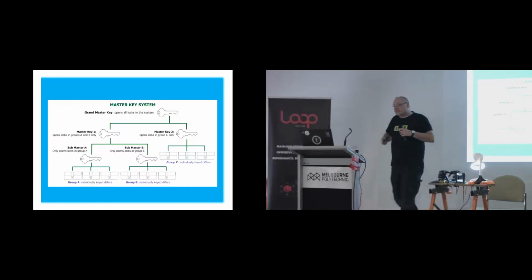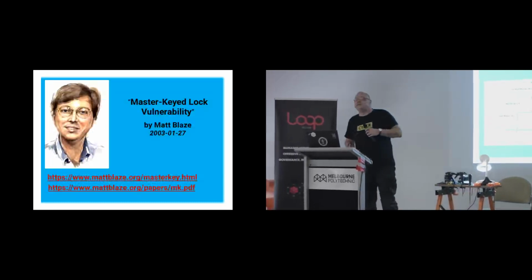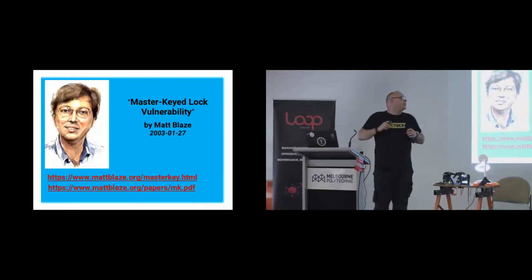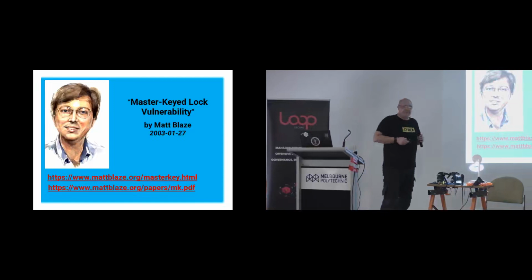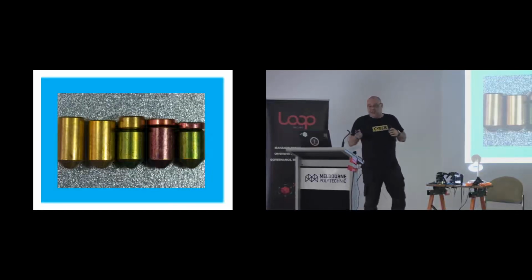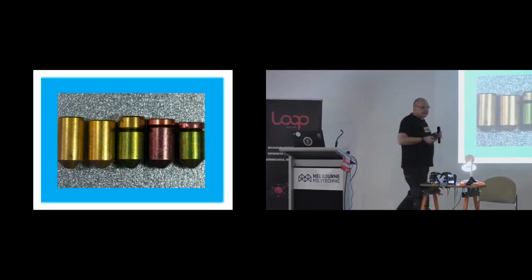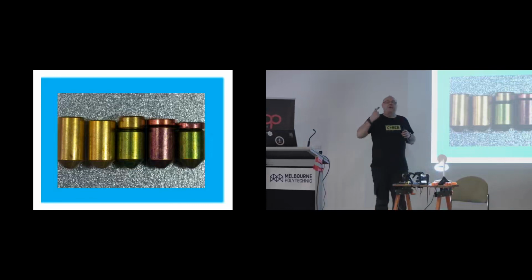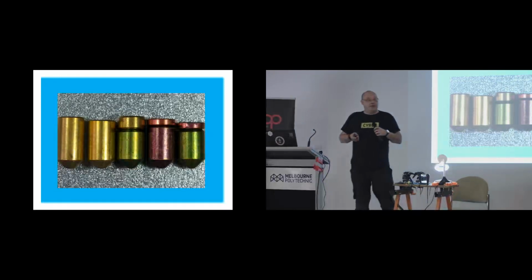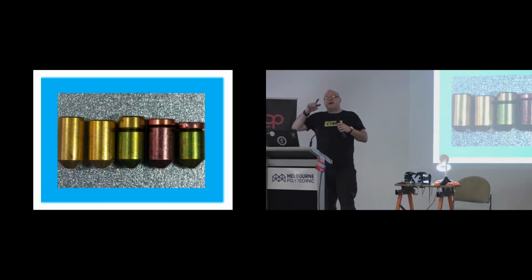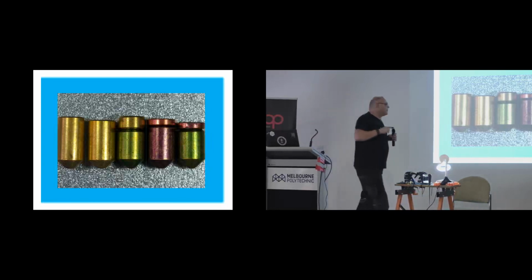Okay. Attacking master key systems is not new. More people tried that. I'm pretty sure this is not the guy who invented it, but he did write a nice paper about it. The normal way to attack a system, if you're not allowed to take it apart, because then you see everything, is you start off with a working key. So you have to obtain a working key, and then you copy that key except on one position.